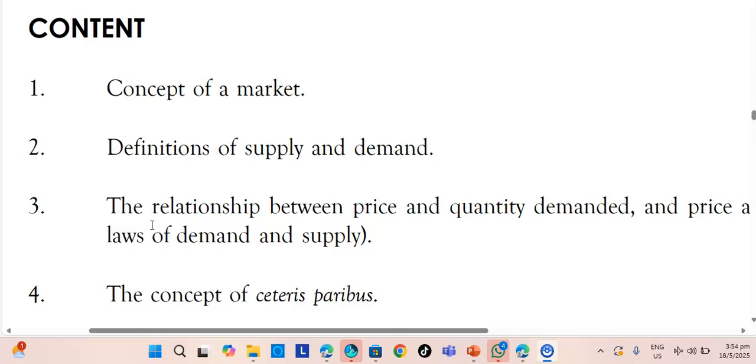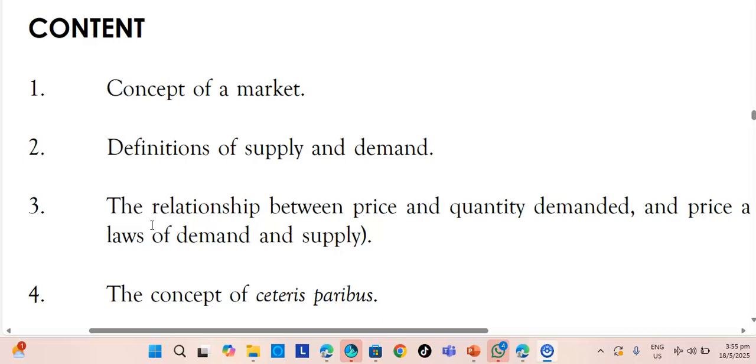Now, what is supply? Supply is the quantity of a good or service that producers are willing and able to offer for sale at various prices during a certain period of time. For example, if the price of tomatoes goes up from $1 to $2 per pound, farmers may decide to grow and sell more tomatoes because the price is going up.